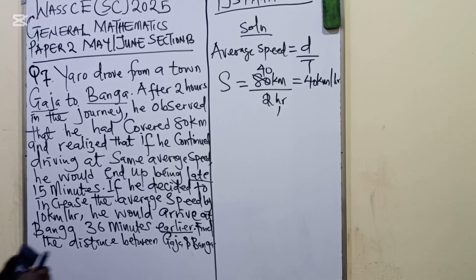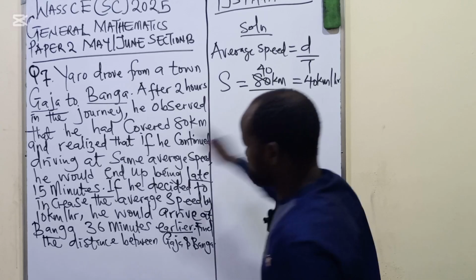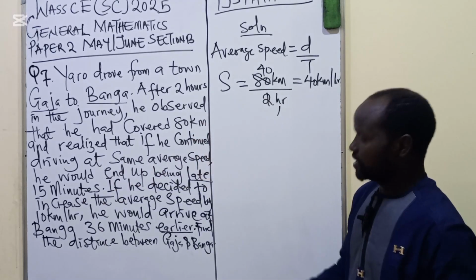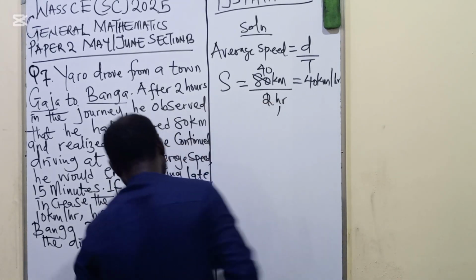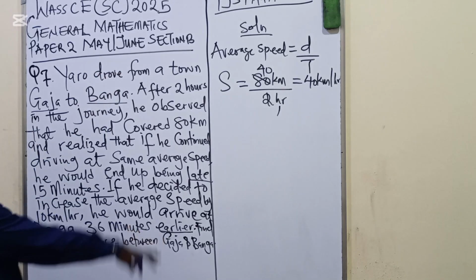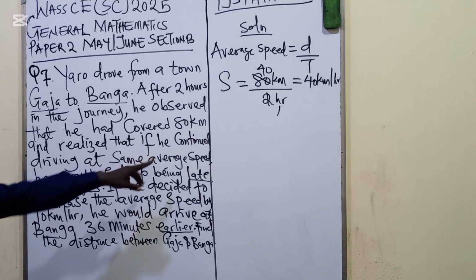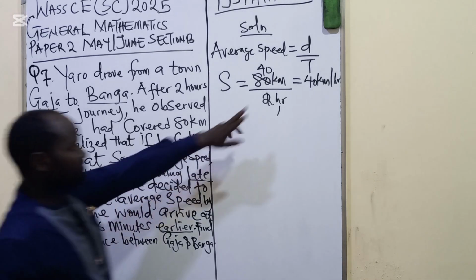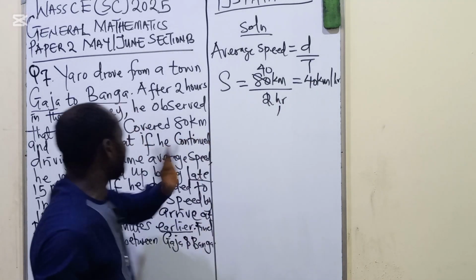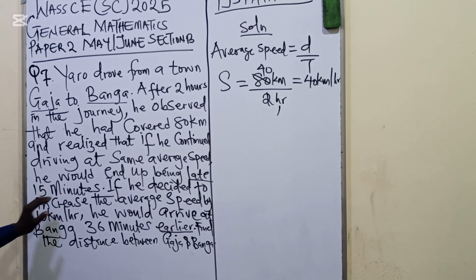And we are told that if you continue using this speed, he will be late by 15 minutes. But if he increases the speed, he will arrive at Banga on time. So the question says, if he continues driving at 40 kilometers per hour, he will be late 15 minutes.